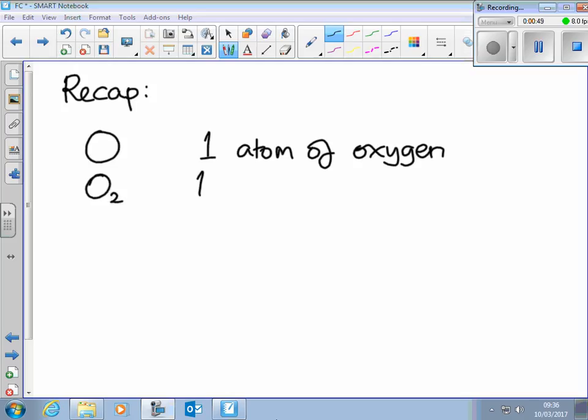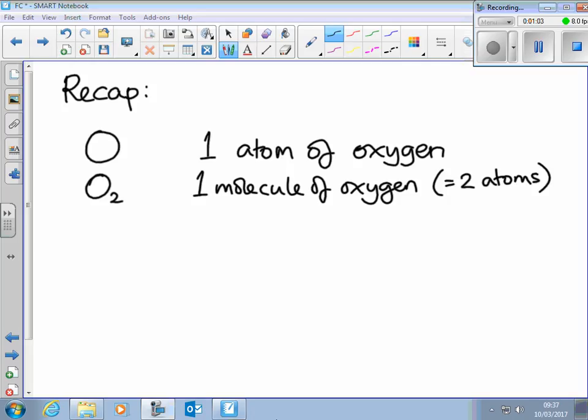So that is one molecule of oxygen, and it's composed of two atoms chemically joined together. Now, that's what the small numbers mean. They multiply up the number of atoms in a molecule, and we've looked at how to create a formula. But we then started looking at putting numbers in front.